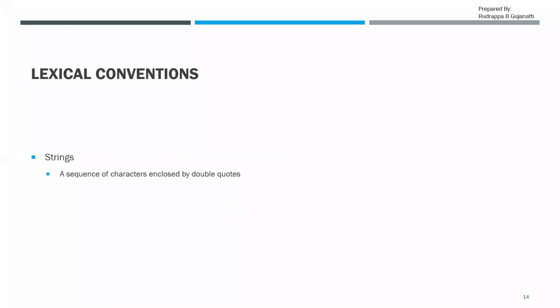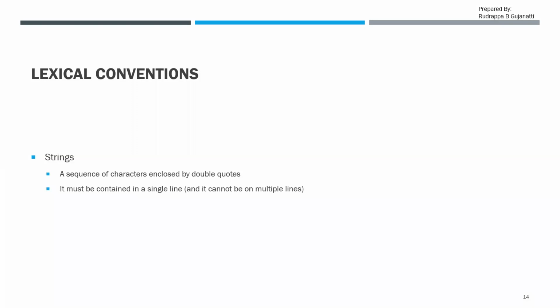Strings are nothing but a collection of characters together. If I have to represent a string, it will be a sequence of characters placed within double quotes, similar to the one that you have seen even in the C program. Apart from that, it must be contained in a single line.